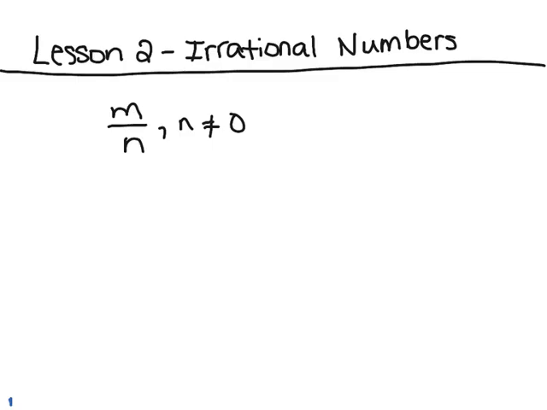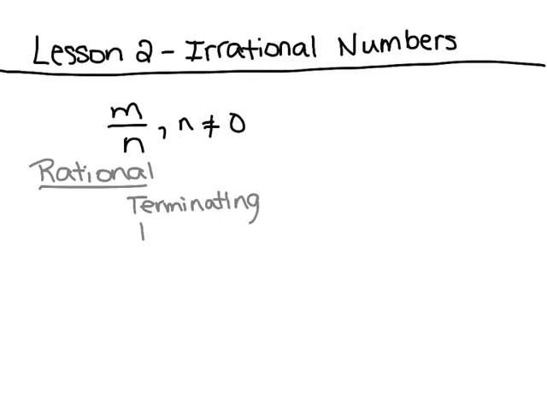So this is what we're going to work on right now. A rational number will have a terminating or a repeating decimal.